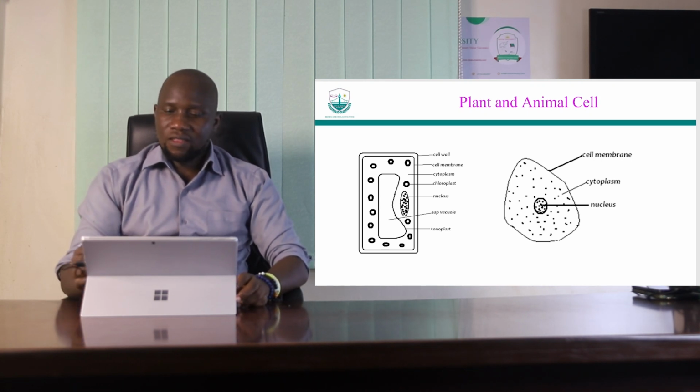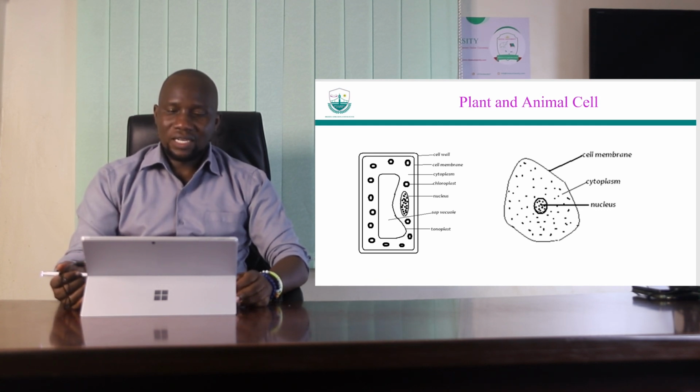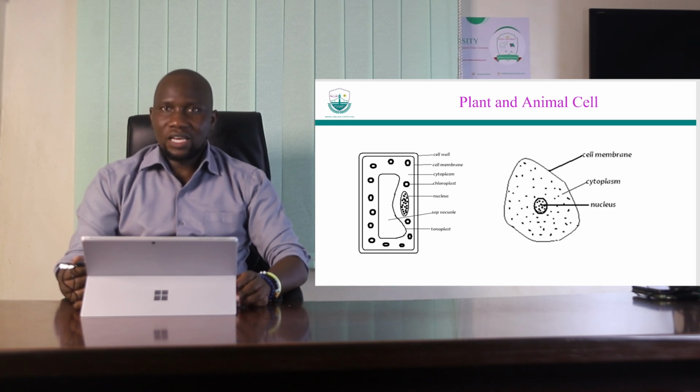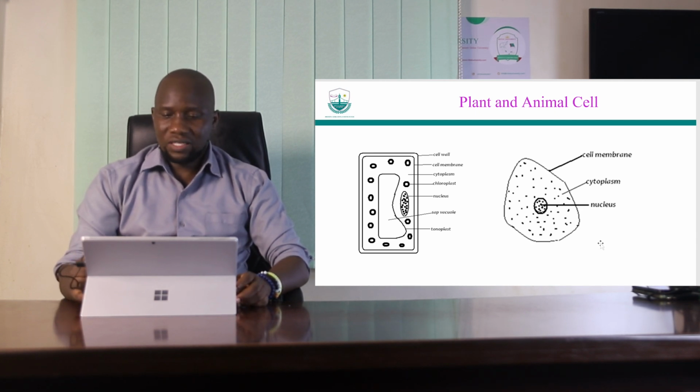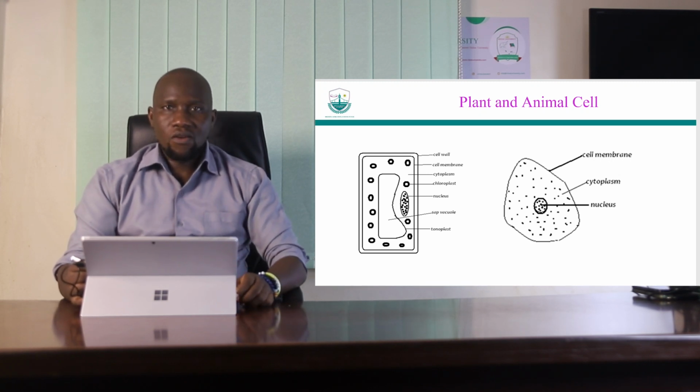What we have here are simple diagrams to show the plant and animal cell. Why am I saying so? There are many structures that you can see in the plant and animal cell, but in this case we have a representation of what you can see if you're using a light microscope.